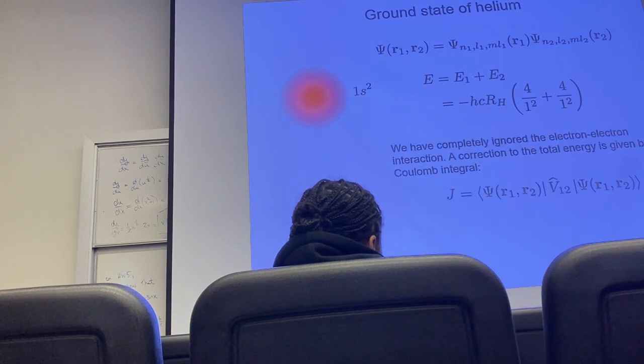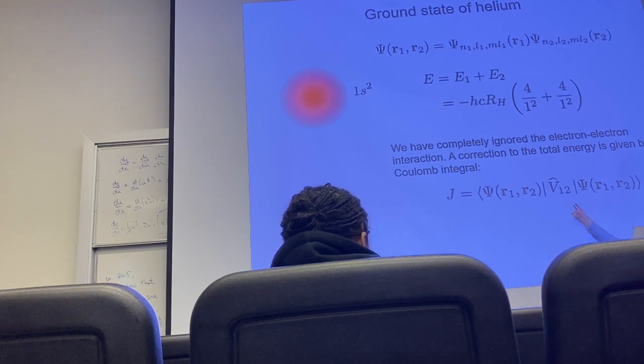The thing that I have, of course, overlooked is this interaction term between the two electrons. And what I can do, and this is definitely an approximation, is just add it after the fact. By computing this interaction potential energy between the two electrons, sandwiched between the total wave function that I came up with, and call the result of this integral J. That is the correction energy, the electron-electron correction energy that I have to contend with.